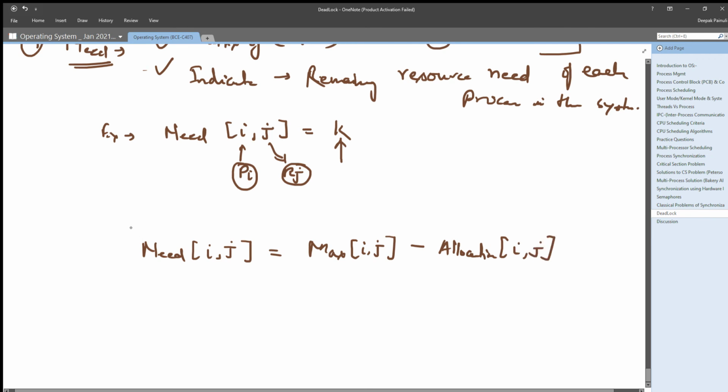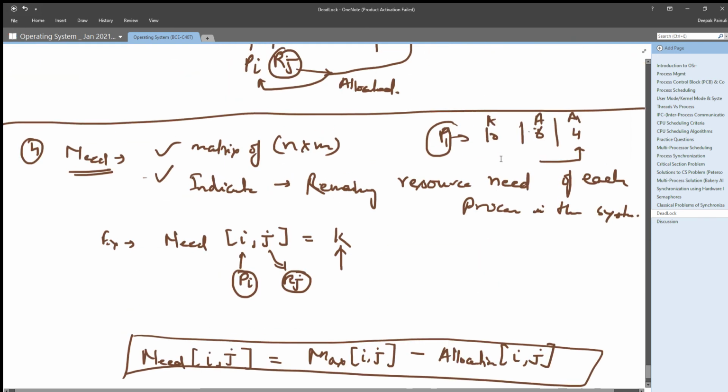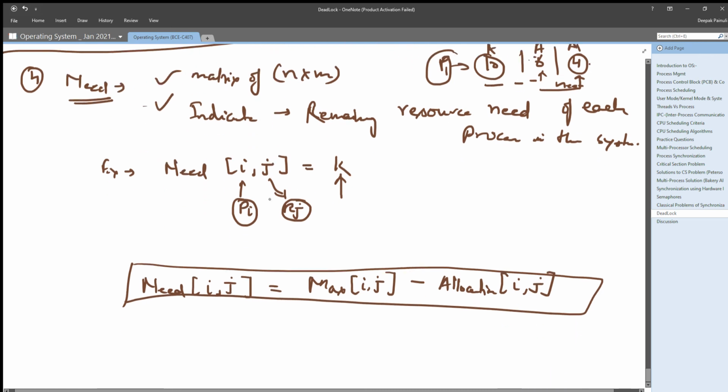Obviously, as we defined here, if Pi has a maximum demand of 10 instances of resource type A, and for the time being it has acquired 6 instances, that means the need will be this minus this. The answer will be the need. So this is written the same way. We can calculate need by this formula. It is obvious.